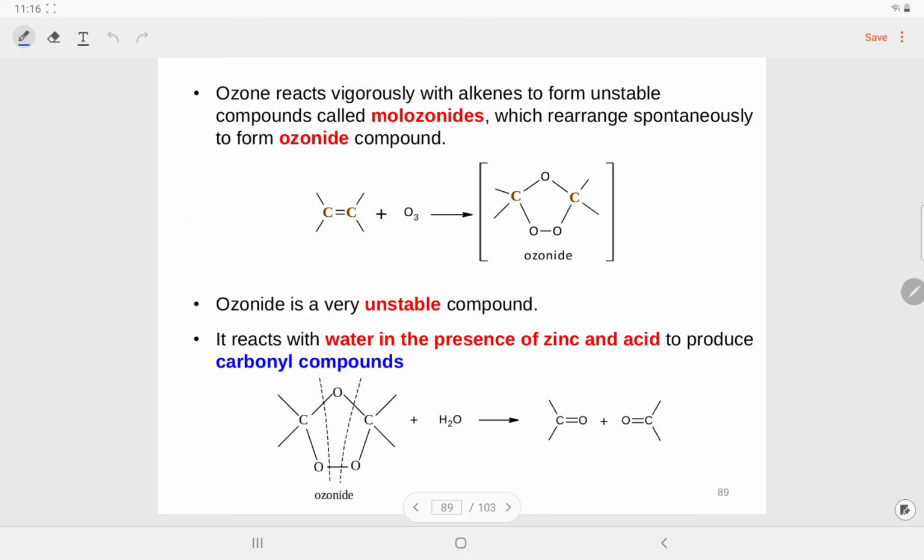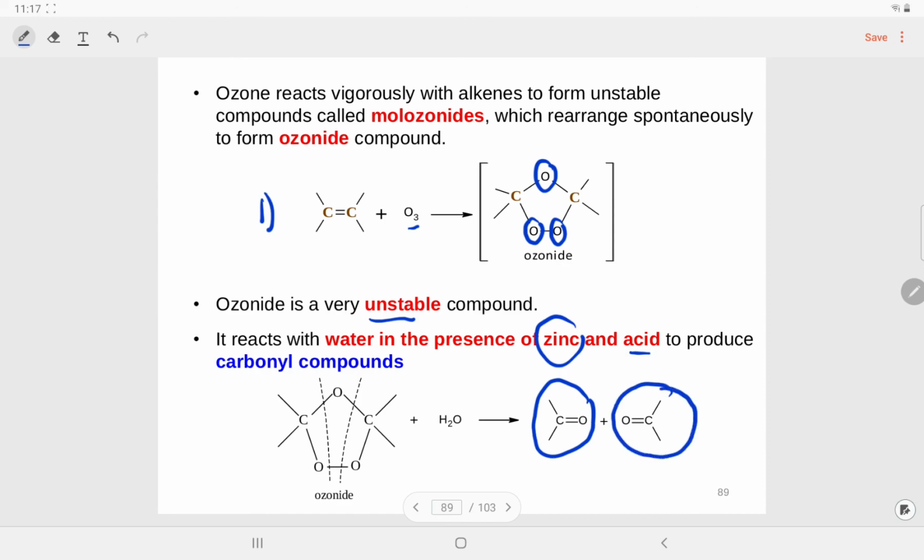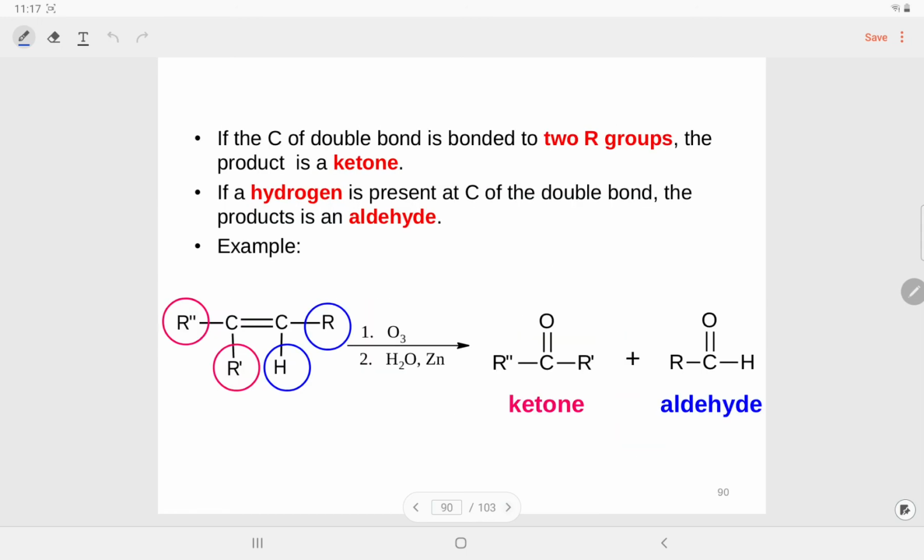So the chemical reaction takes place. The first step, number 1, the carbon-carbon double bond reacts with ozone, and we undergo addition of the 3 atoms of the ozone, and this ozonide is unstable. Since it is unstable, we must react it with the condition zinc in the presence of a catalyst, and bond breaking occurs. When the bond breaking occurs, the final product is a carbonyl compound, either aldehyde or ketone, depending on the structure given.